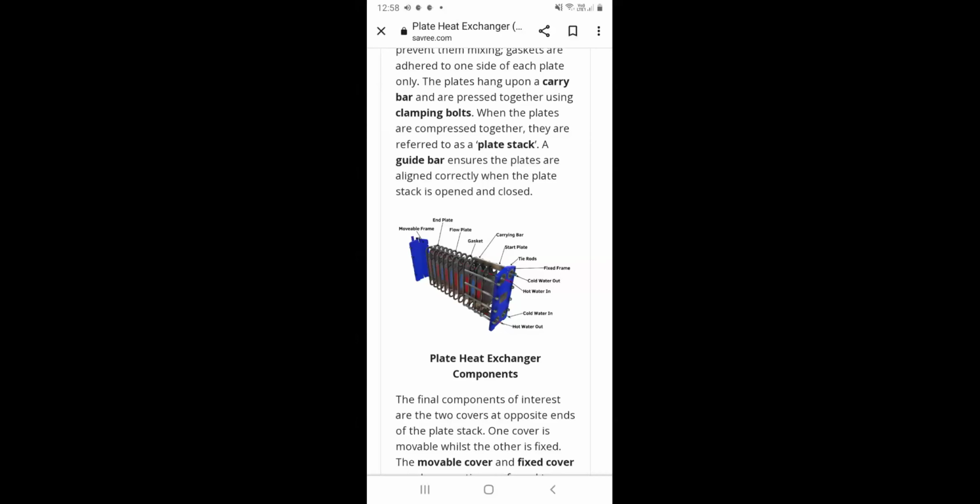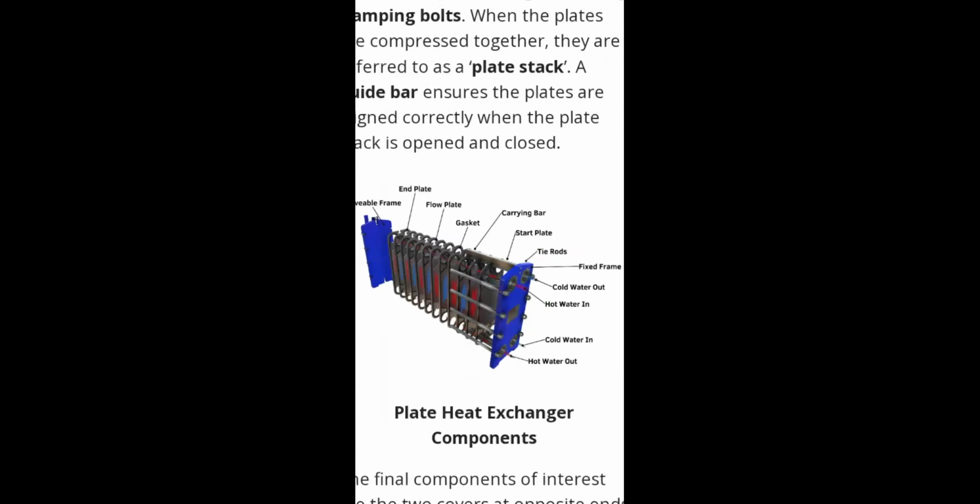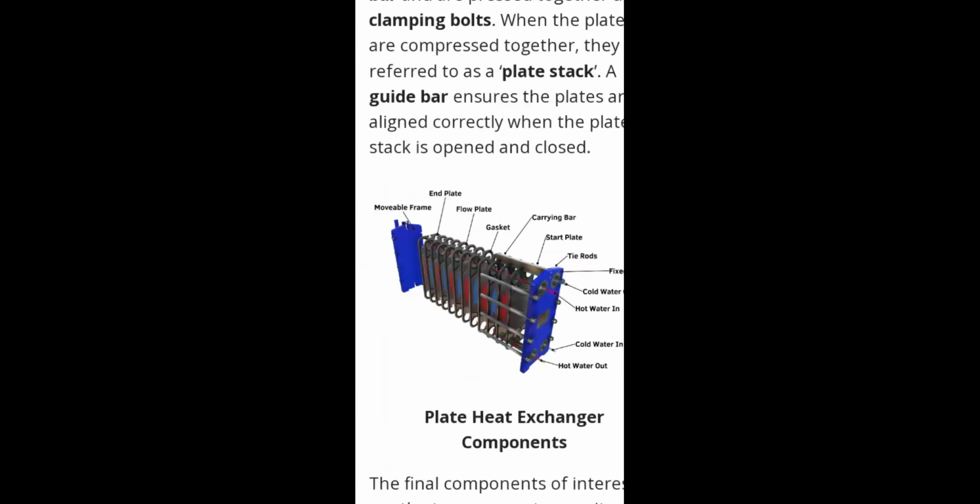These are the components: the tie rod, fixed frame, cold water inlet and outlet, hot water inlet and outlet, state plate, carrying bar, gaskets, flow plate, end plate, movable frame.